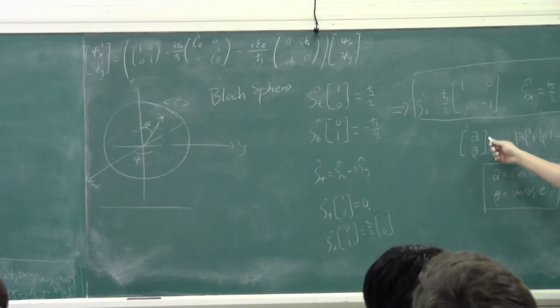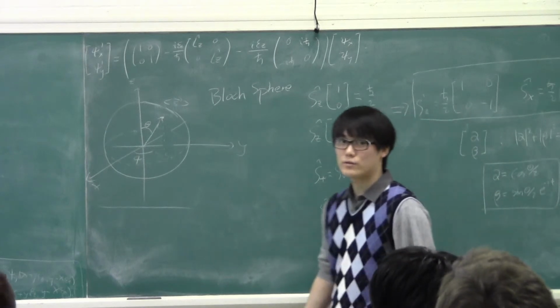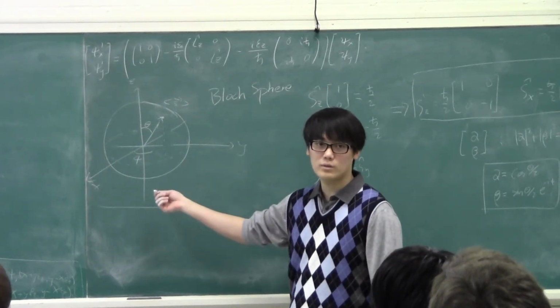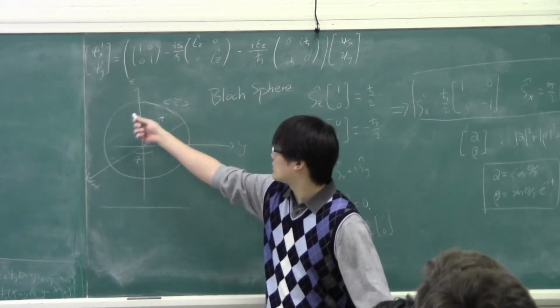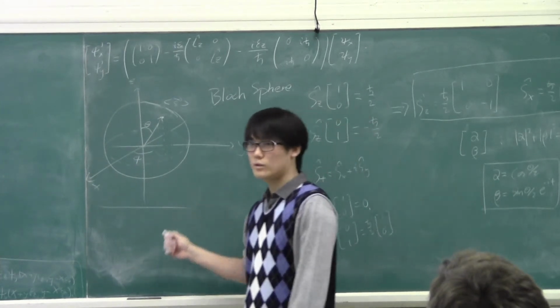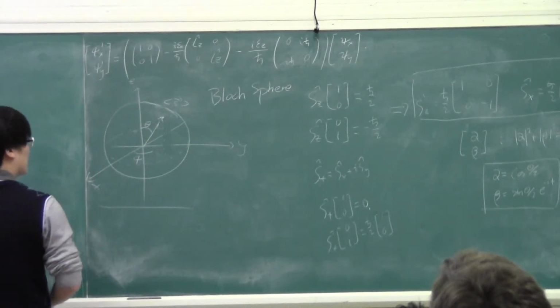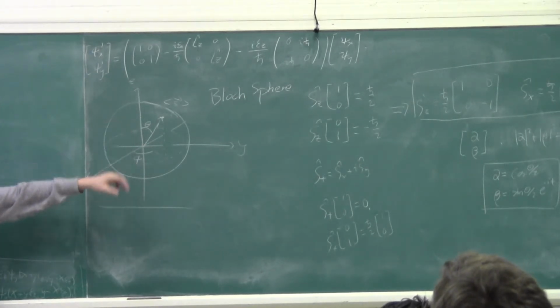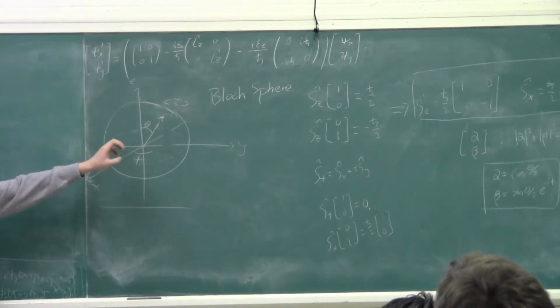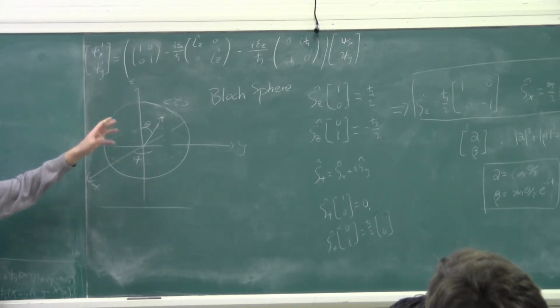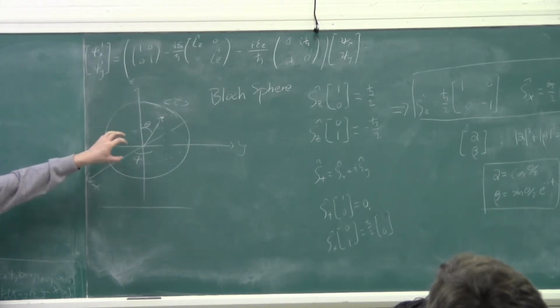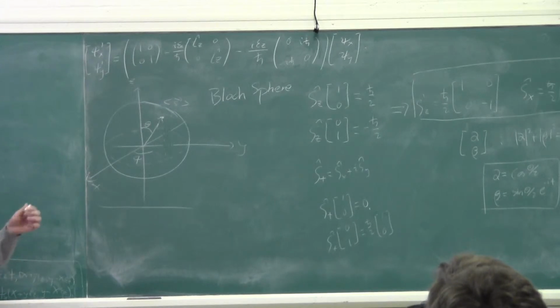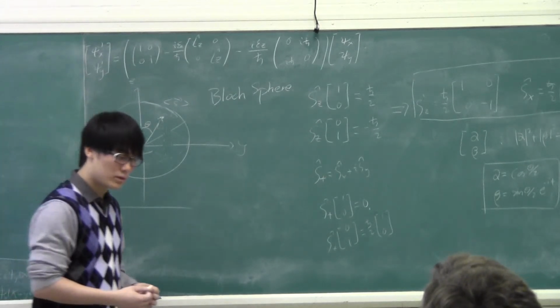Based on the possible values of alpha and beta, you can carry information on the whole sphere. Just one quantum bit gives you how many points? Infinite. That gives you a lot of information, and of course you need to resolve those points. So it's not that good, but it's pretty good.